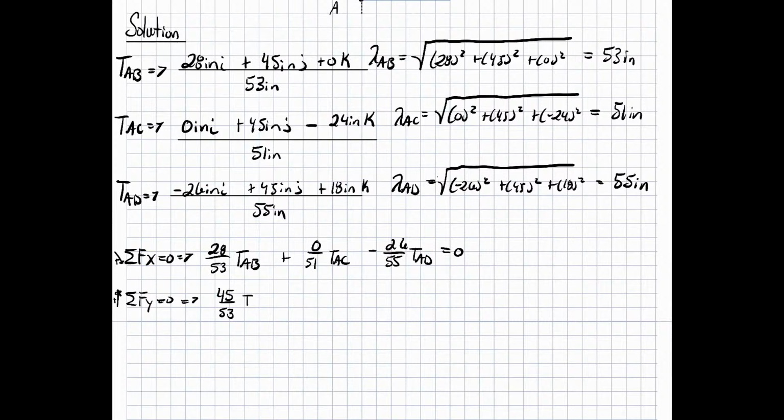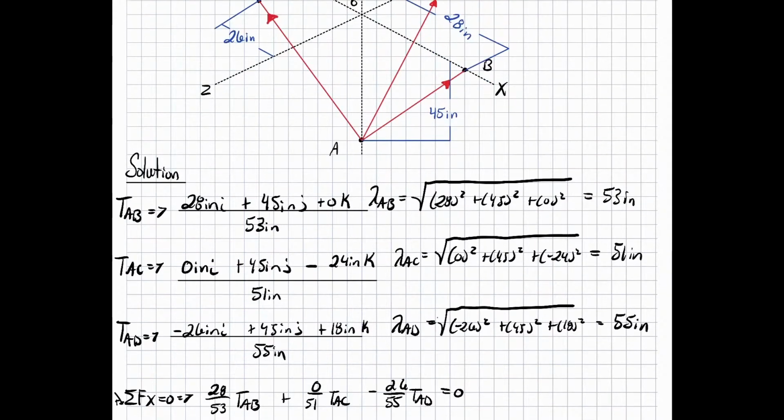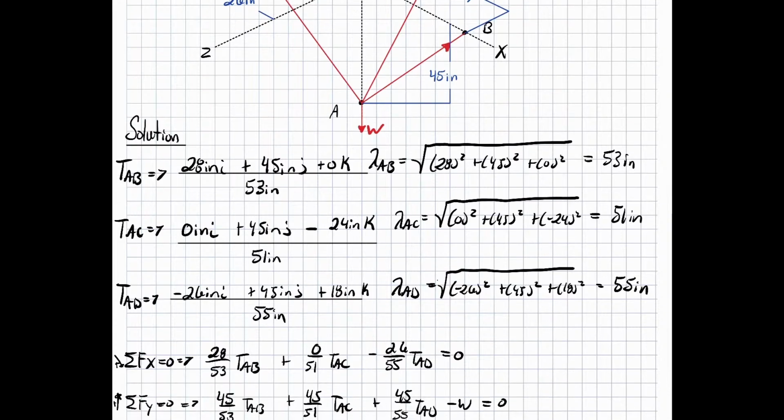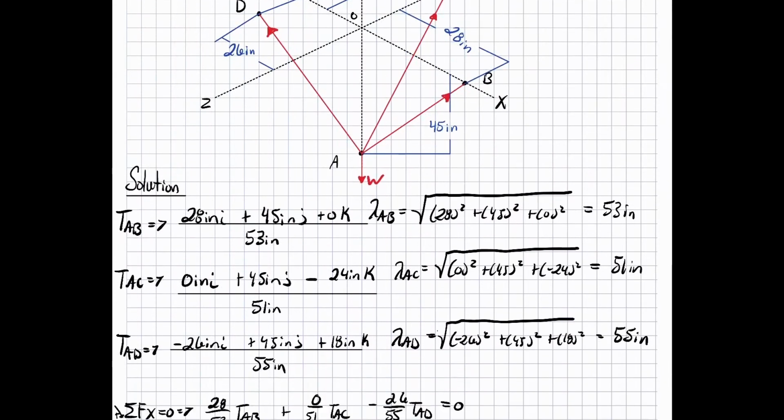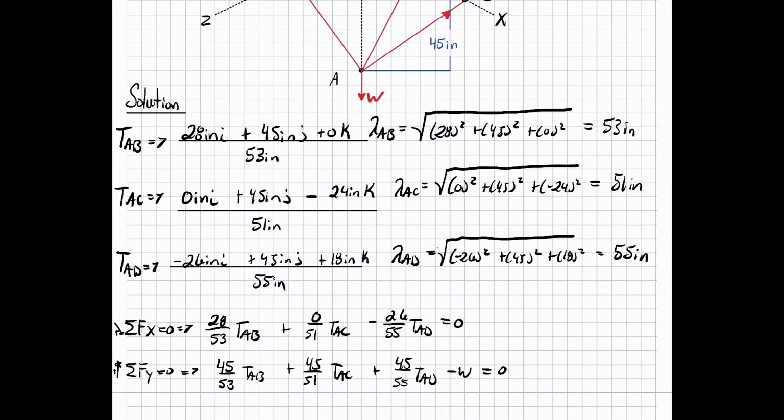Over 45 over 53 tension AB plus 45 over 51 tension AC plus 45 over 55 tension AD minus the weight is equal to 0. Now, keep in mind that for this diagram, this weight is hanging. Due to gravity, it's going down. So we have a negative weight because we said our y is going positive vertically up.